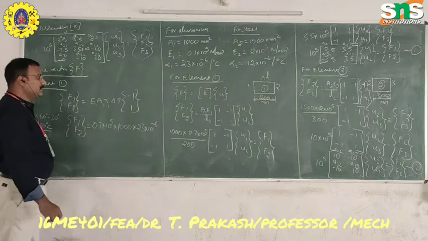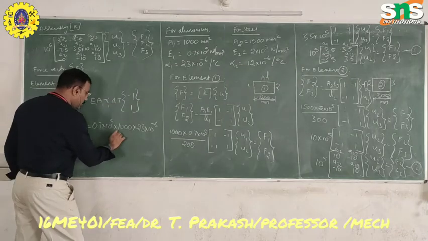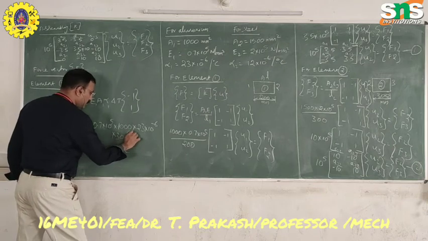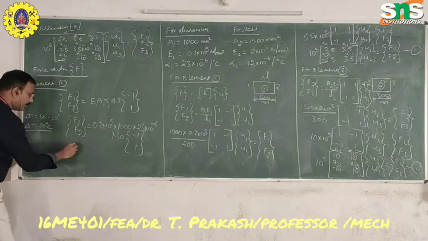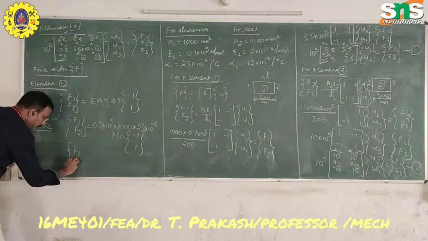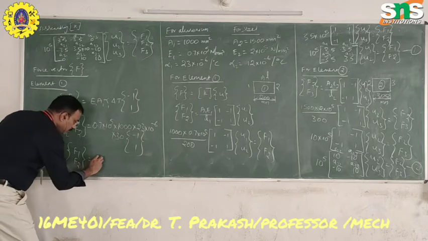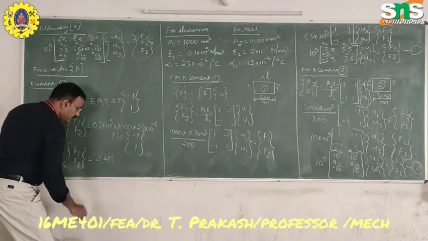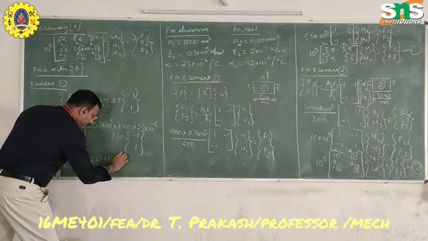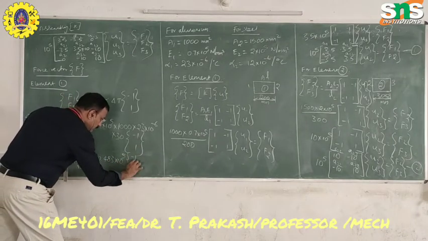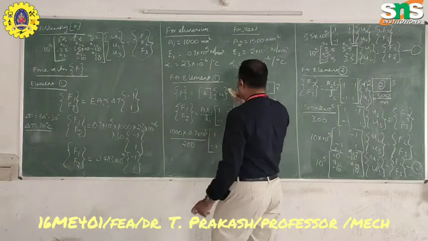Then delta T is 30, times minus 1, 1. Calculating this value gives 0.483 into 10 power 5, times minus 1, 1. This is the value for aluminum.